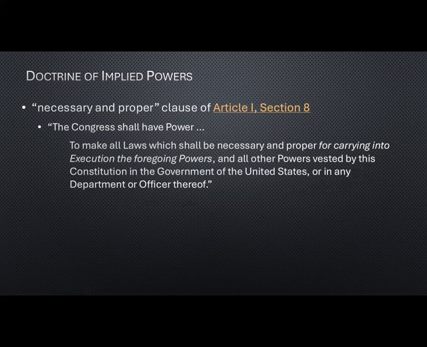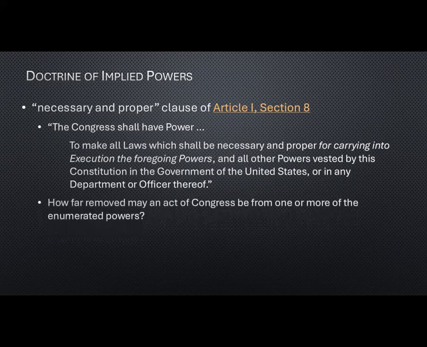As a general matter, Congress is the lawmaking branch of the government. The modifying clause must be the founders' expression that Congress would exercise its enumerated powers through the act of making laws. The problematic issue that you'll see addressed in the McCulloch versus Maryland case, and then again in the Comstock case, is how closely must an act of Congress be connected to an enumerated power.